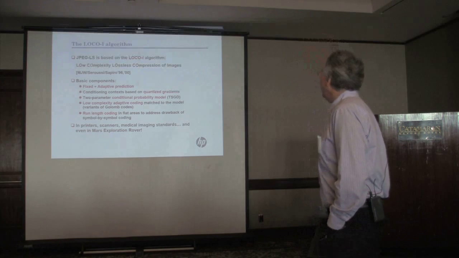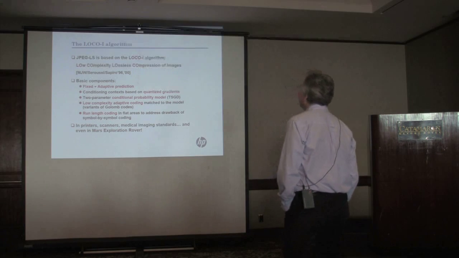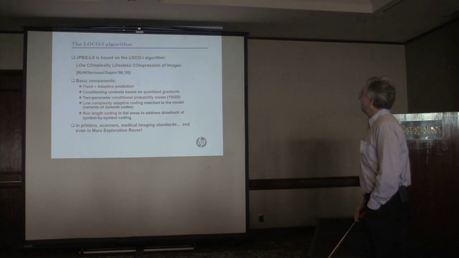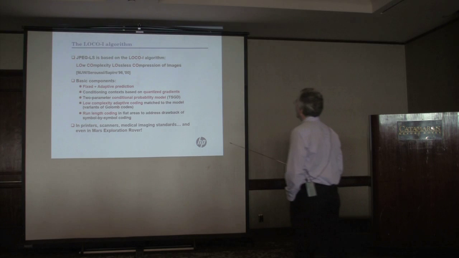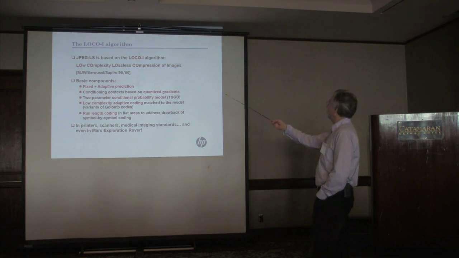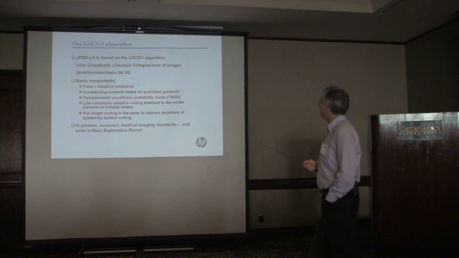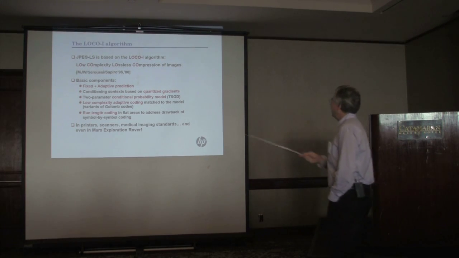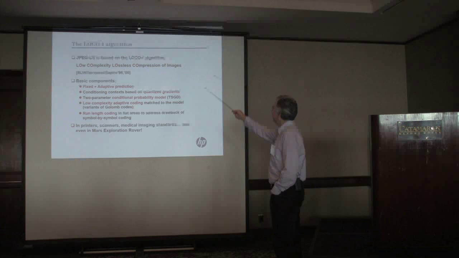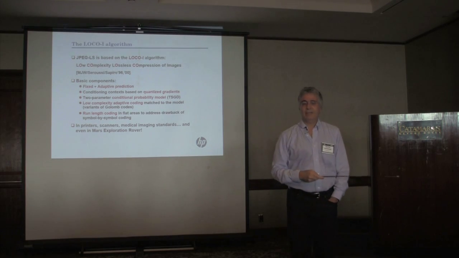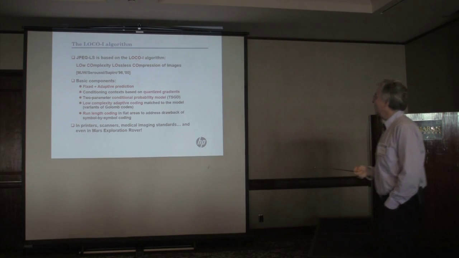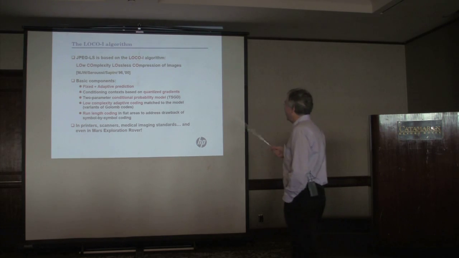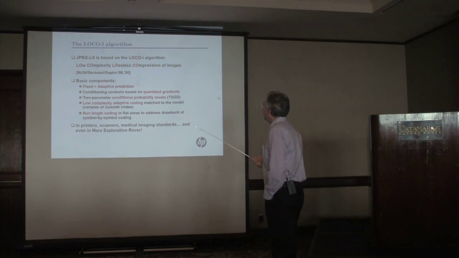So let me give you, in just one slide, what the LOCO-I algorithm is. JPEG-LS is based on the LOCO-I algorithm, which stands for low complexity lossless compression of images. It was published first in a conference in '96, then in a journal in 2000. The basic components are a fixed plus an adaptive prediction, which is context dependent.